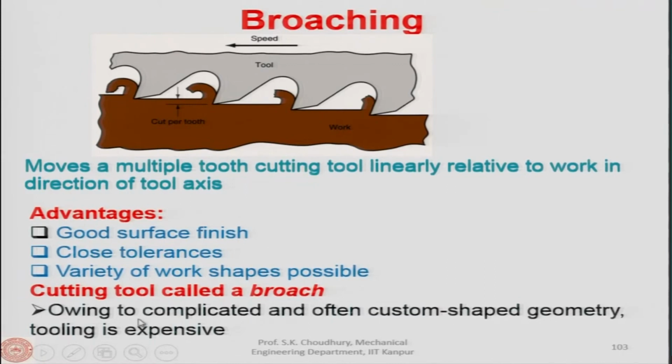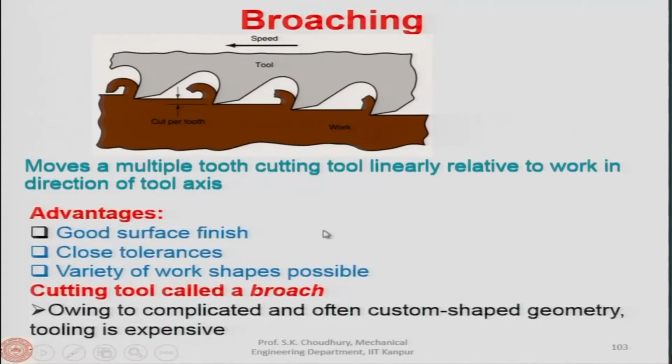Owing to complicated and often custom shaped geometry, tooling is expensive. Tooling is also expensive because here the entire broach, which is very heavy, very big, and can be very bulky, has to be made with the same material. Once again I will repeat that the tool material is very expensive, I told you this already.